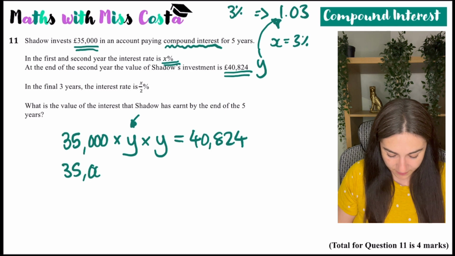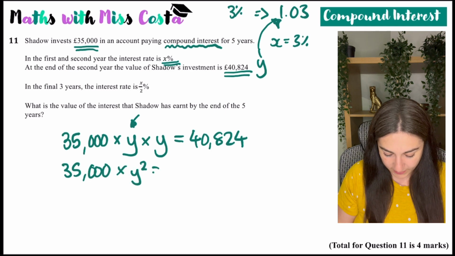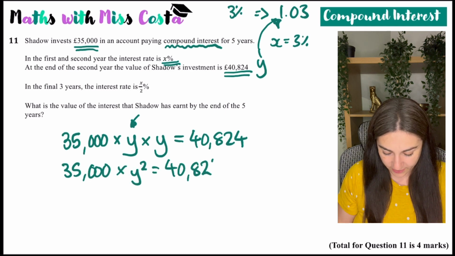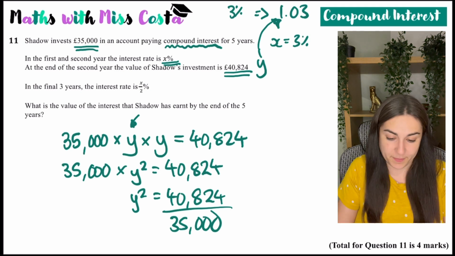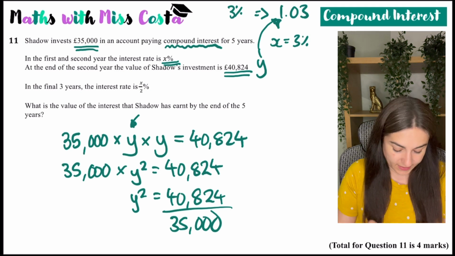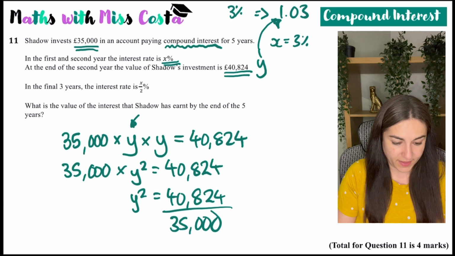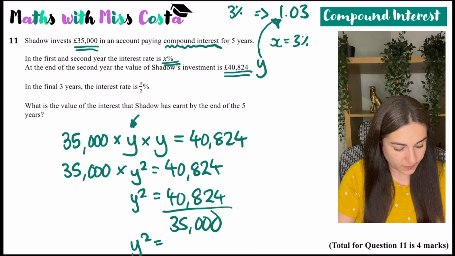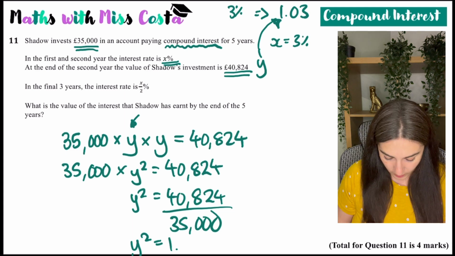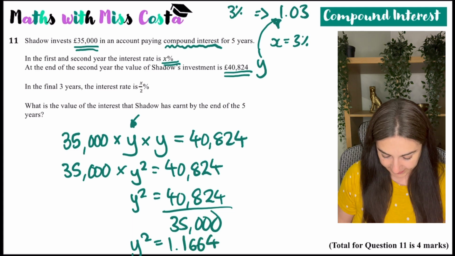So I know that 35,000 times by Y squared is 40,824. So Y squared must be 40,824 divided by 35,000. Let's type that into my calculator. 40,824 divided by 35,000 is 1.1664.